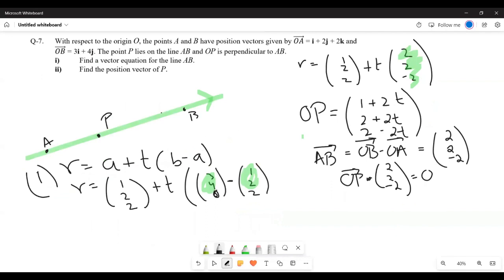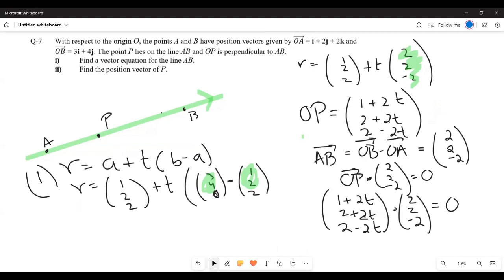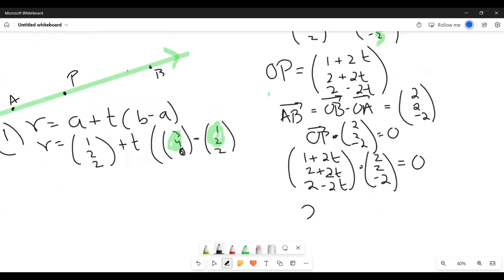So OP is 1 plus 2t, 2 plus 2t, and 2 minus 2t. Dot 2, 2, minus 2, and equate it to 0. So we get 2 plus 4t plus 4 plus 4t minus 4 plus 4t equals 0.